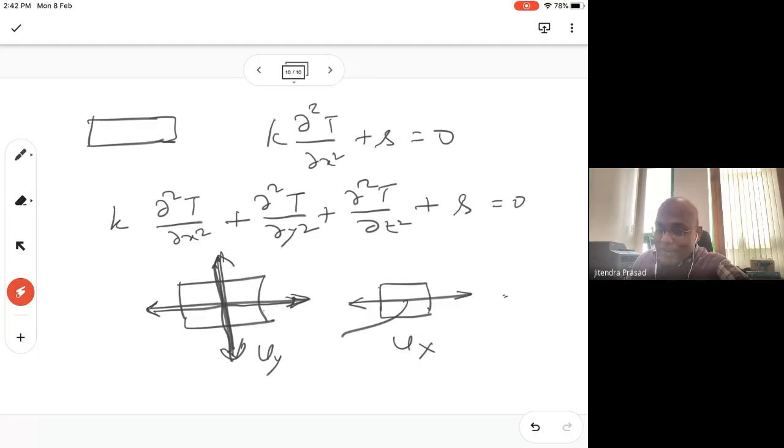Hence, you will have only one equation that actually sums up all of them. In the other case, it says the forces in one direction will be zero, the forces in the other direction will be zero, and hence automatically you will have two equations and so on, right? So hence your problems are different.